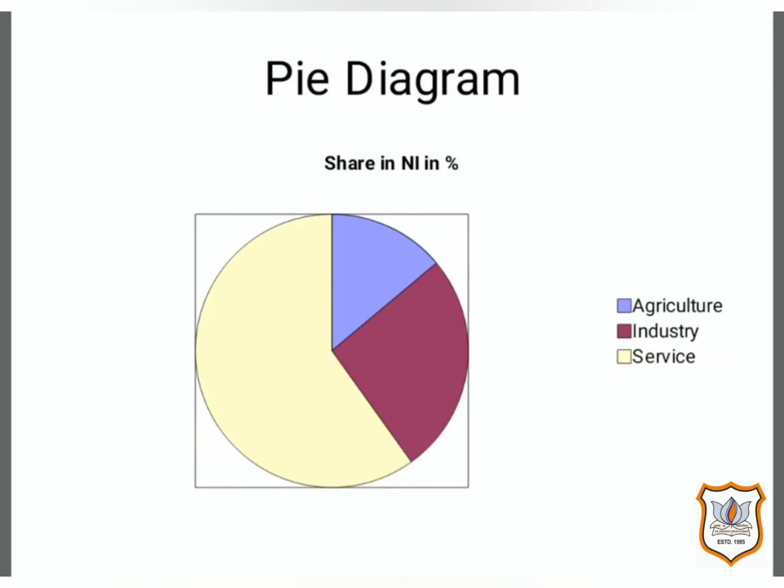So as you can see in the diagram itself, the share of agriculture sector is lowest while the share of service sector is the highest, and therefore agriculture sector occupies less space as compared to the service sector. That is enough to represent that the service sector, rather its contribution in national income, is highest, and that of agriculture sector is the lowest.